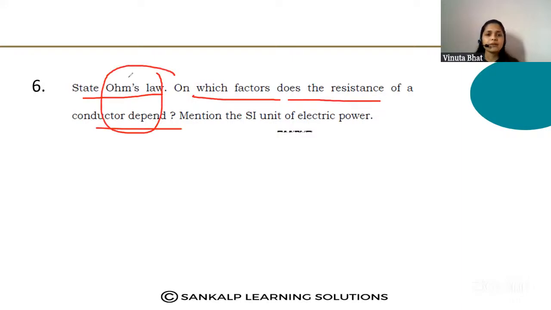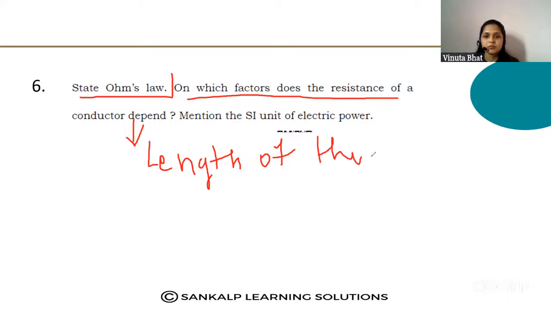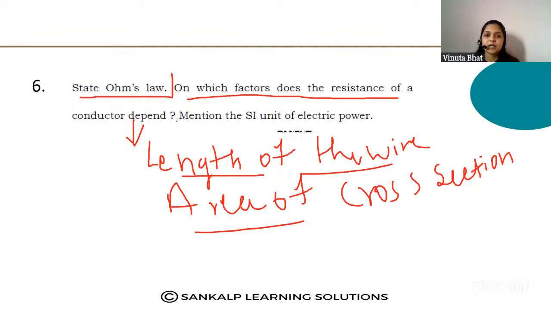This is the same question, we have already seen this answer. The resistance of the conductor depends on the length of the wire and the area of cross section of the wire. So this is the answer for this one.